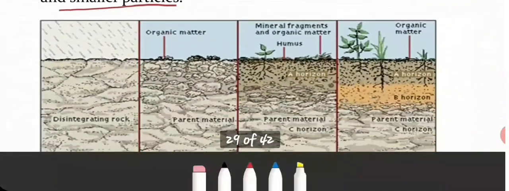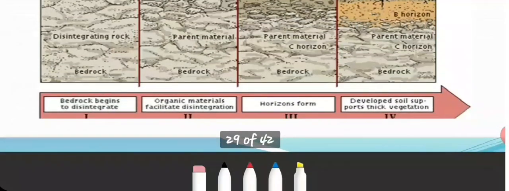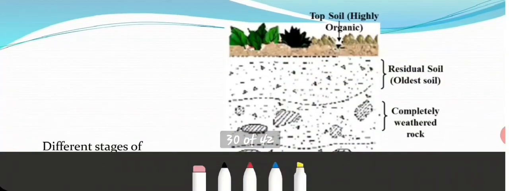Okay, you can see the picture of a formation of soil. These four types of picture you can see, and next you can see the weathering.